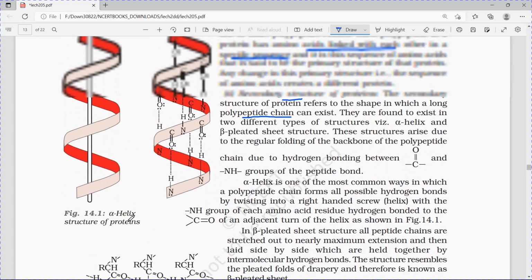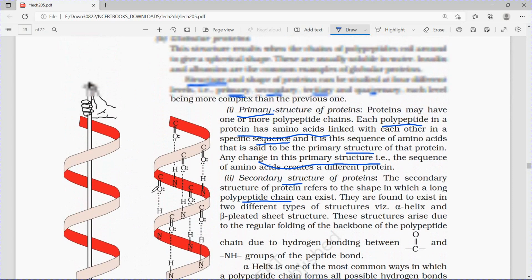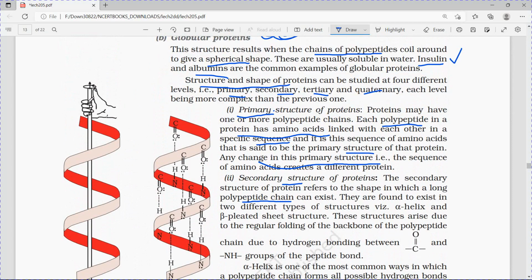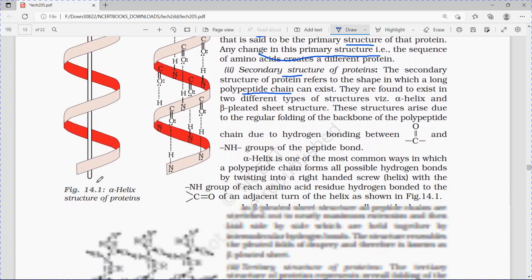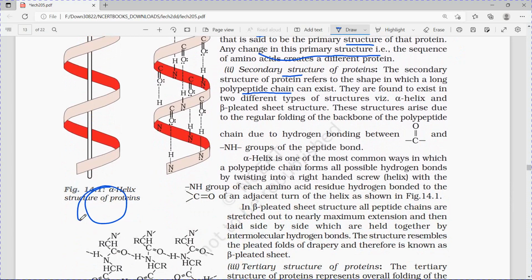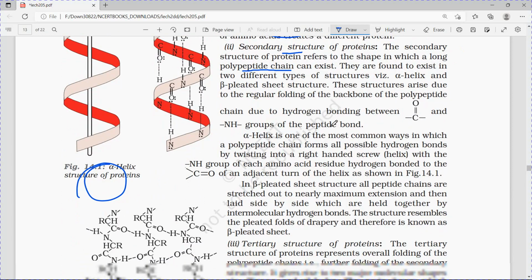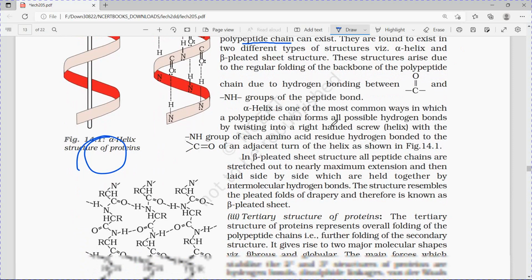One is the alpha helix structure. Alpha helix means imagine there is an axis here, and around the axis the polypeptide chain of amino acids has been coiled to the right-hand side. That is called alpha helix. And then the beta pleated structure.